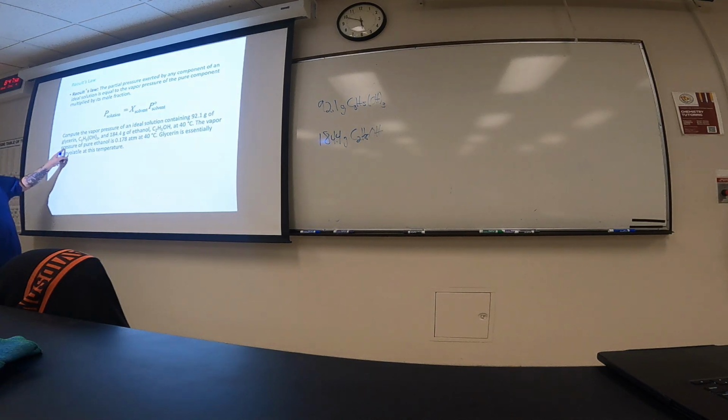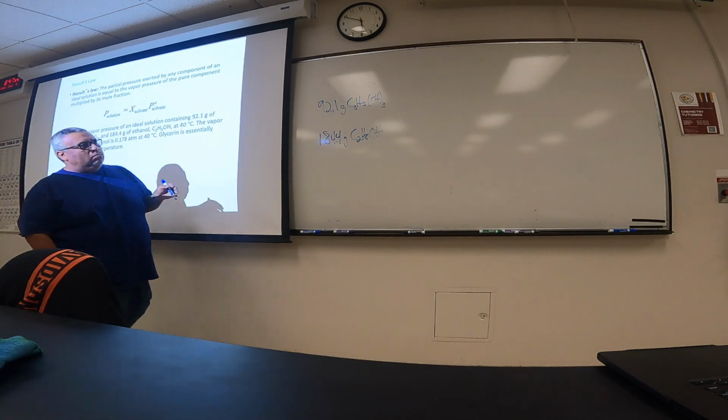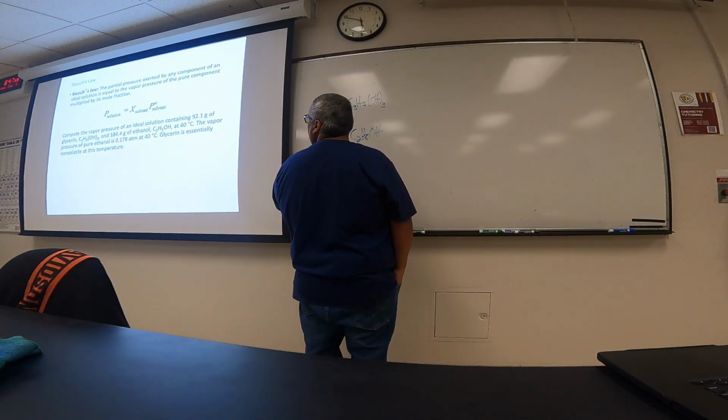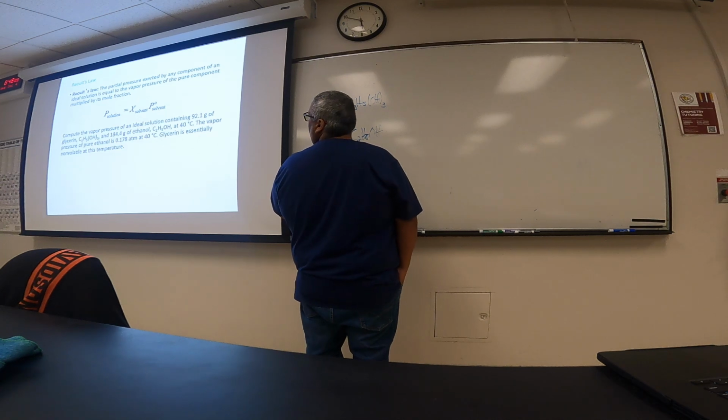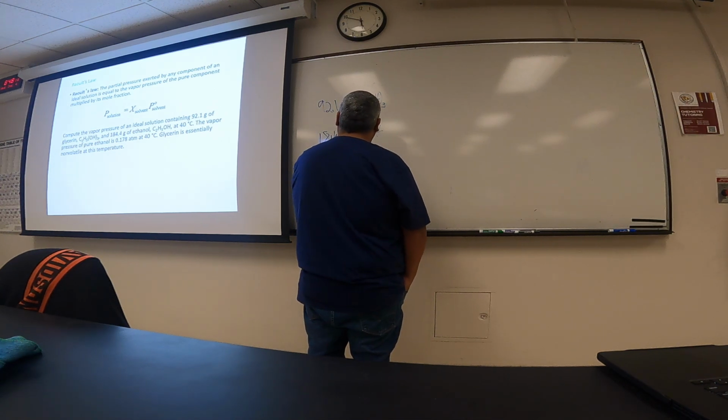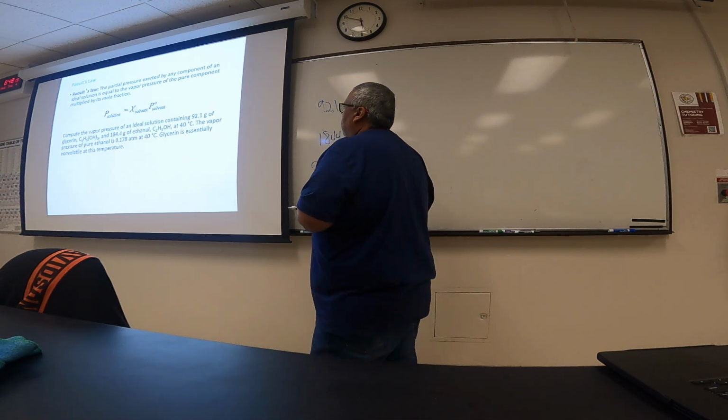And at 40 degrees, the pressure of just pure ethanol, so pure ethanol has a vapor pressure. This is the vapor pressure of the solvent. The vapor pressure of the solvent is equal to 0.178 atmospheres.